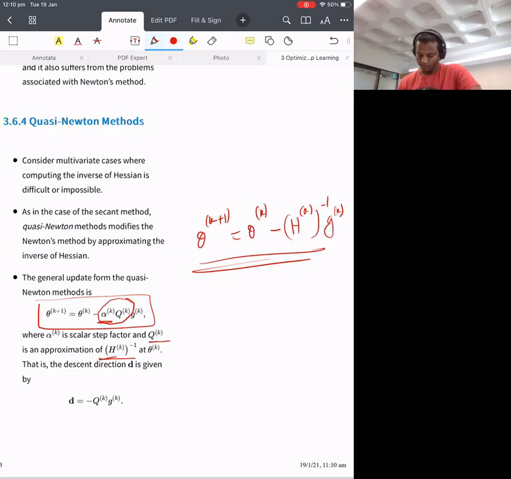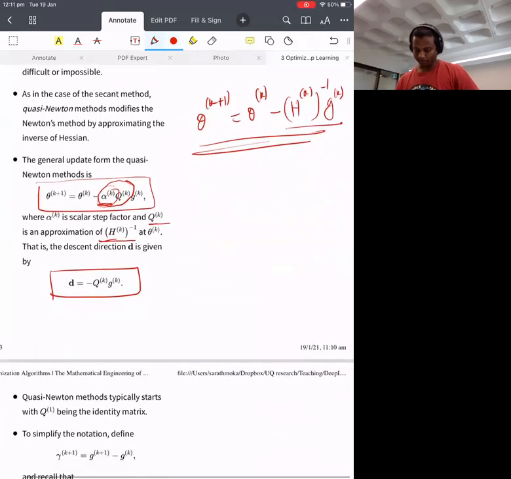And we are essentially saying that instead of taking the Hessian, we are taking the descent direction to be minus QK GK, multiplying it with the learning rate and adding it to theta k to get the next step.